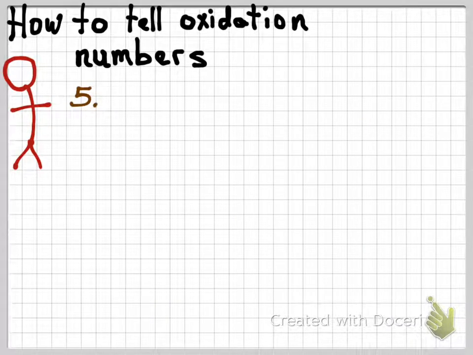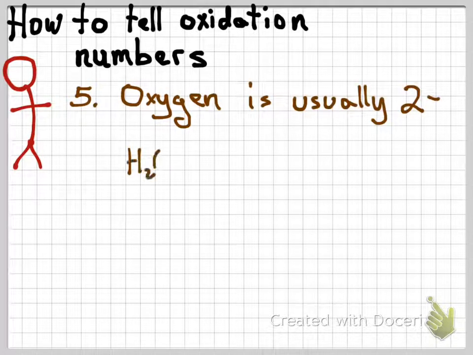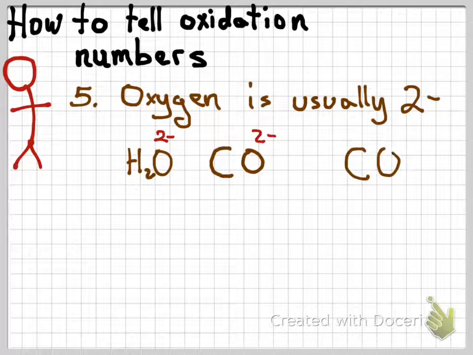Rule number 5, which will clarify something I did back in rule number 3: oxygen is usually -2. So in these cases, we see 3 compounds containing oxygen. In all of these compounds, the oxidation number for oxygen is -2.